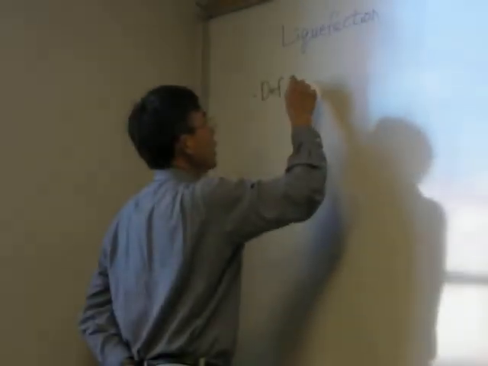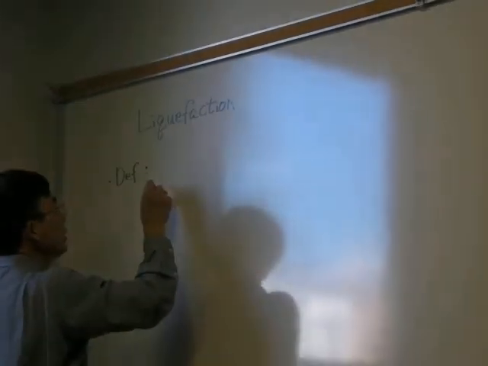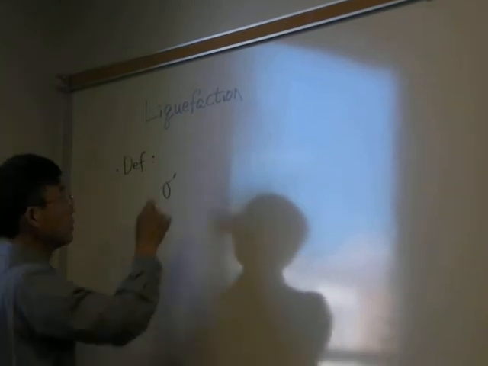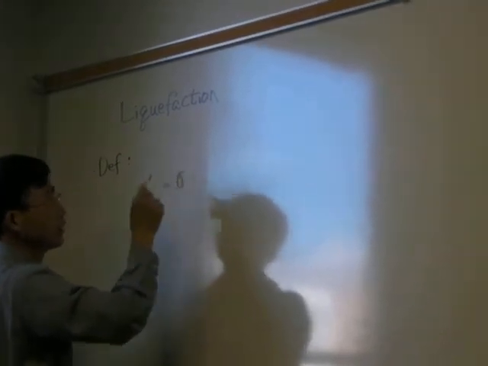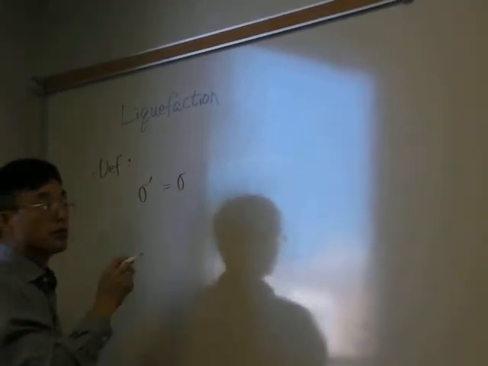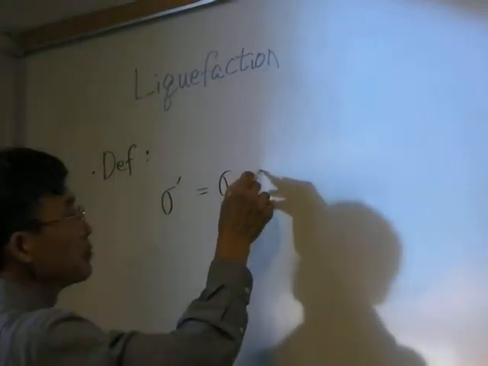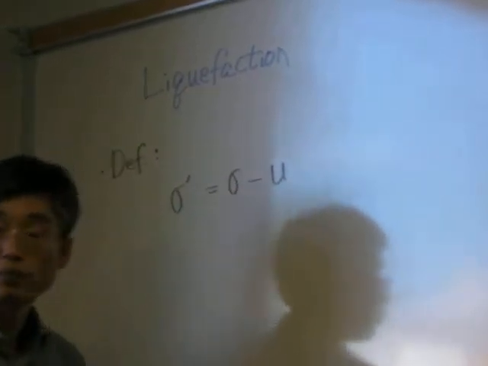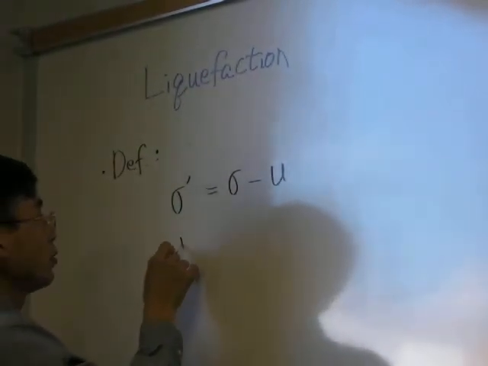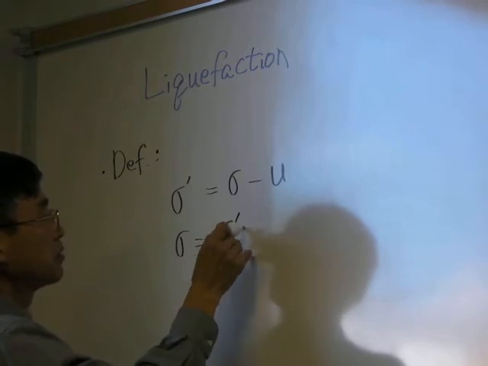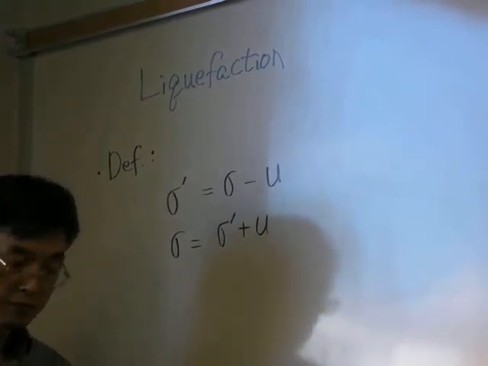First of all, the definition of the effective stress is this one, with the equation, that is this one. We say, okay, effective stress is what? Total stress minus pore pressure. Or you may recall it, total stress is effective stress plus pore pressure.